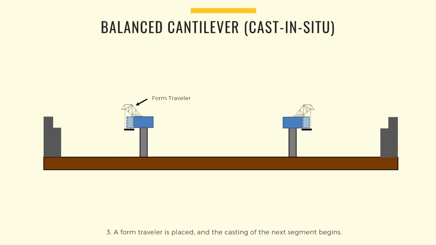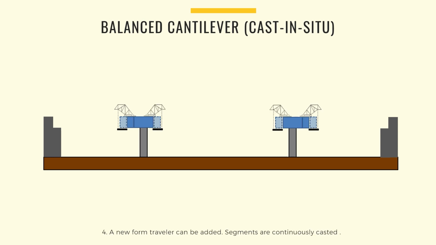With the pier segment completed, it is then possible to set up the form traveler equipment. Having this set up means that the next segment of the bridge can then be casted. After a number of segments, a second form traveler can then be set up on the other side. From here on, segments are continuously casted in parallel.